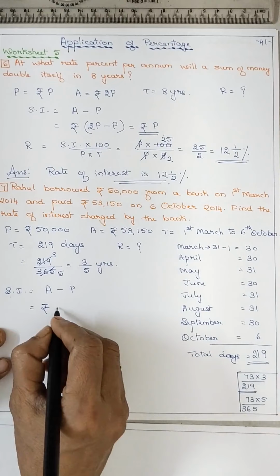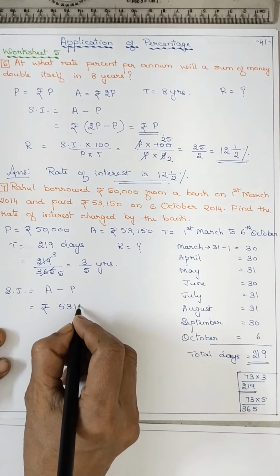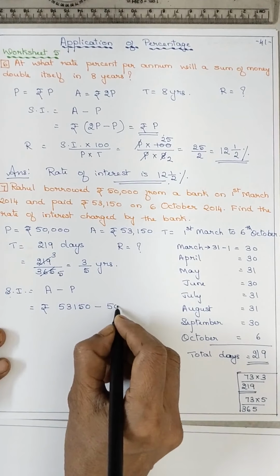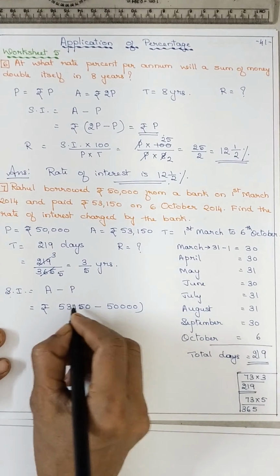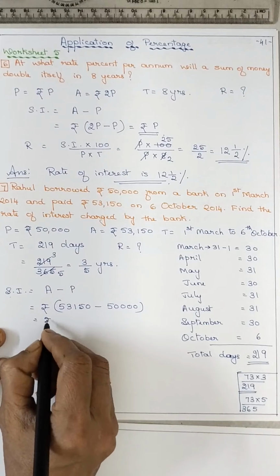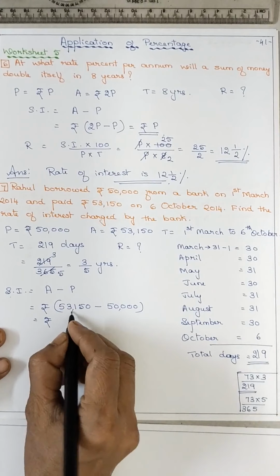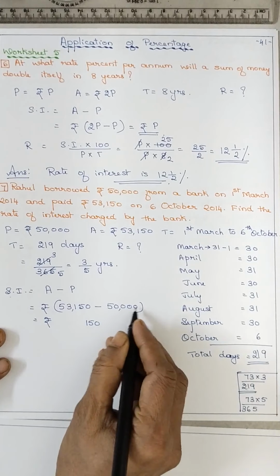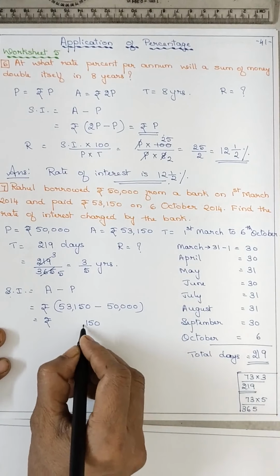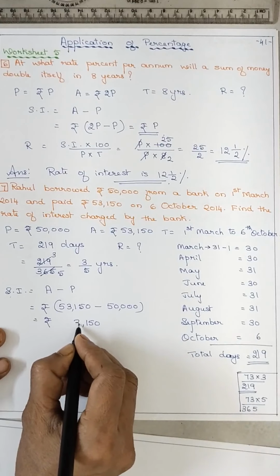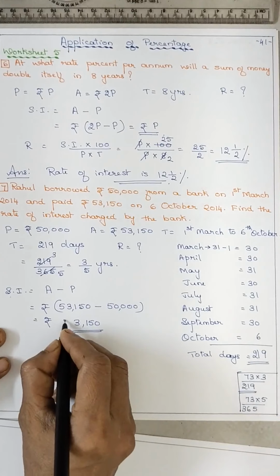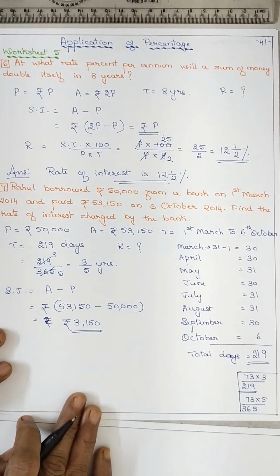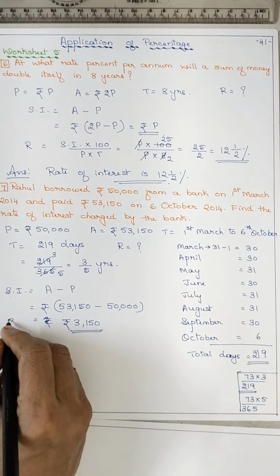Amount, how much is it? 53,150 minus principal 50,000. Here it will be 150 because of 3 zeros, and 3 minus 0 is 3, 5 minus 5 is 0. So 3150 is the SI.